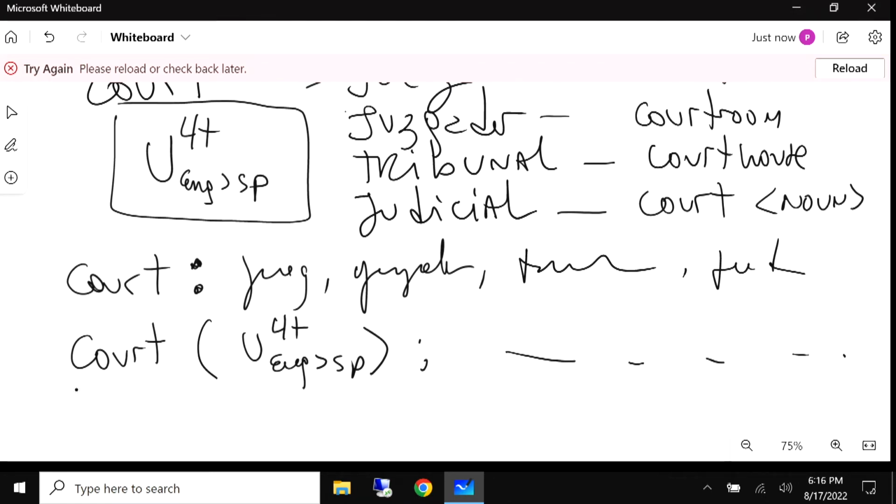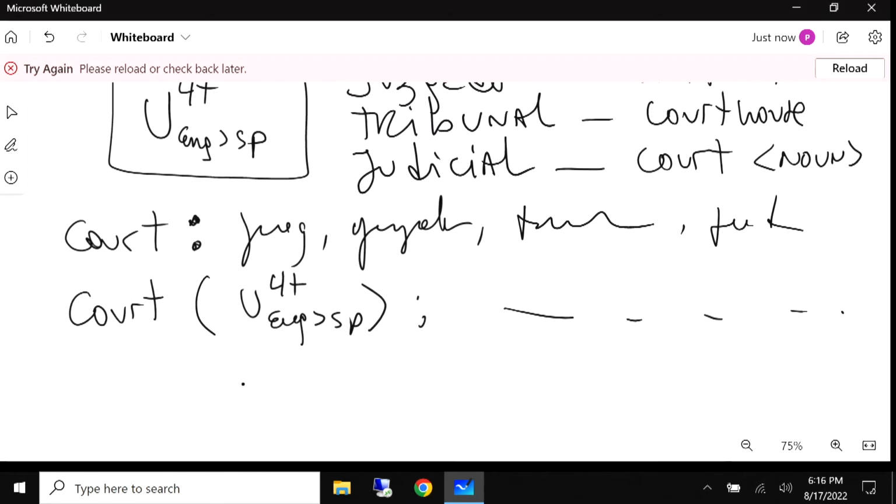So when you, the reader, read this, you say, okay, this word court has 4 possible translations, it is unstable, so I cannot use these as synonyms. It gives you further information saying that the lack of stability happens from English into Spanish.